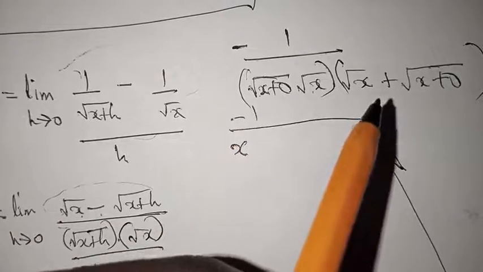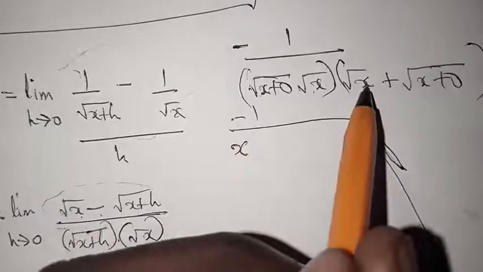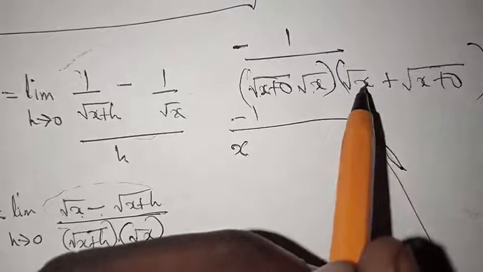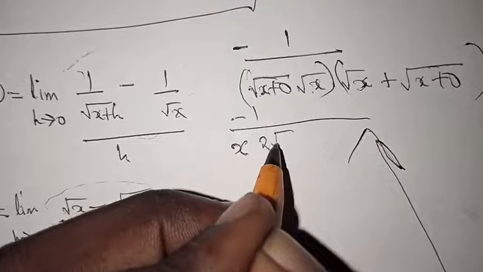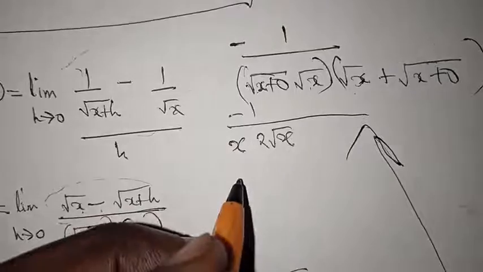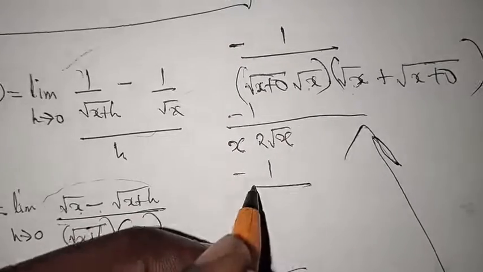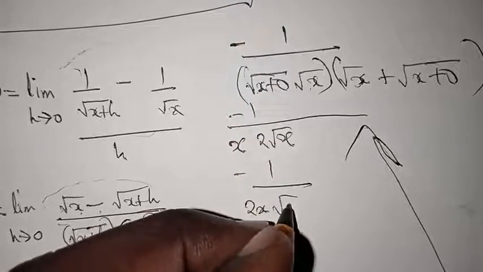Now when I add the square root of x plus the square root of x, I'm going to get 2 square root of x, like this. So that means this will end up being negative 1 over 2x square root of x, like that.